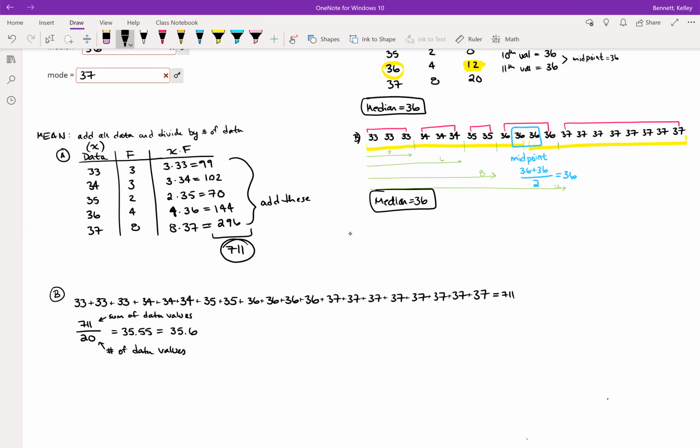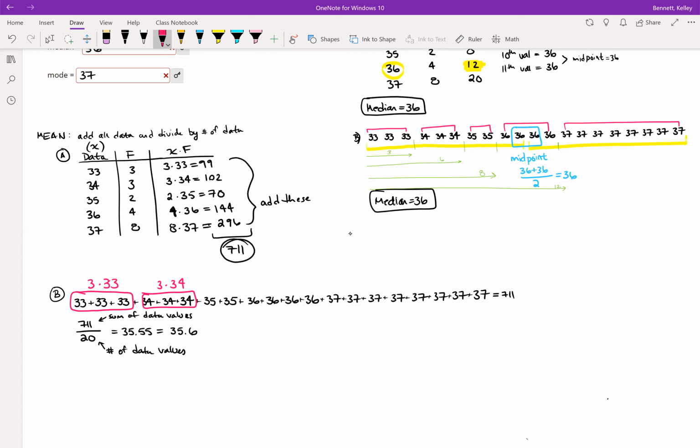So, okay, why do they end up being the same? Let's check it out. 3 times 33, that's the same thing as adding 33 together 3 times. 3 times 34 is the same thing as adding 34 together 3 times. So multiplication is just repeated addition.